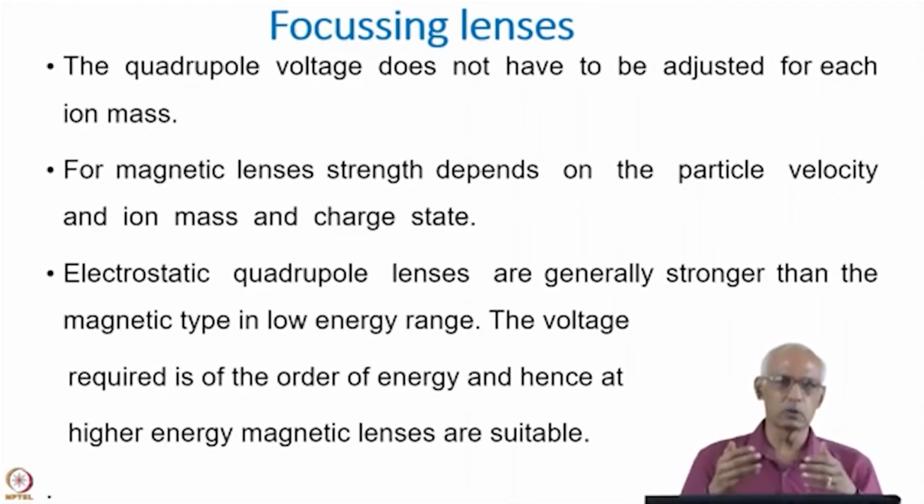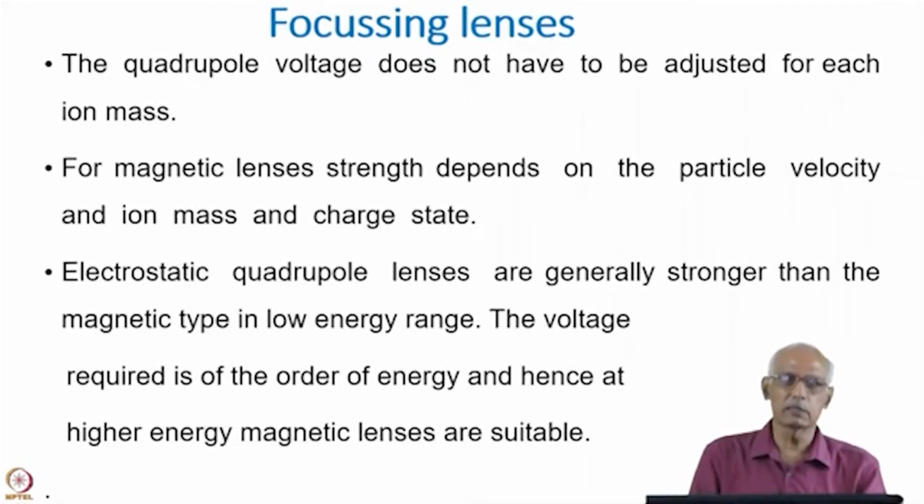So suppose you want to focus some 50 keV beam, then the electrode will require a voltage of the order of a few keV. And therefore at high energies, the magnetic quadrupoles are preferred, and they are much better, with those limitations of mass dependence, and therefore the current which has to pass to generate the magnetic field has to keep varying with the mass and the velocity.